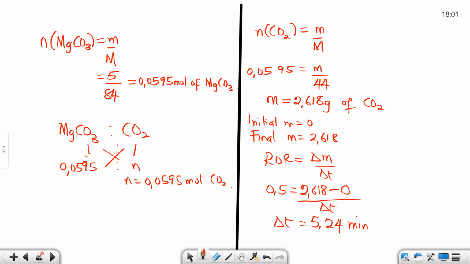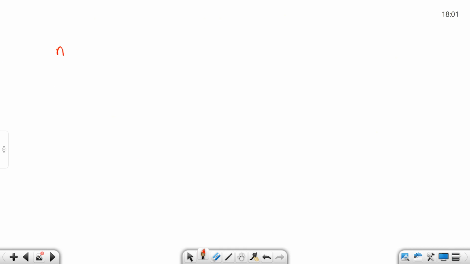Yes. Now, all you need to do is to write the formula. What's the formula? N equals to what? V over Vm. Do we know the number of moles? 0.0595. Do we know the volume? 1.5, right? Lovely. What are we looking for? Vm. What's your answer?